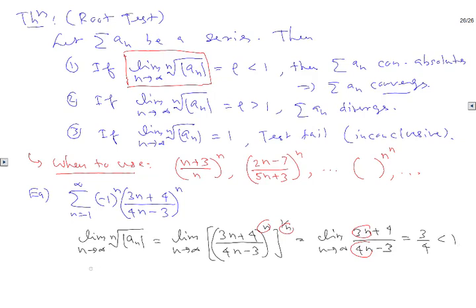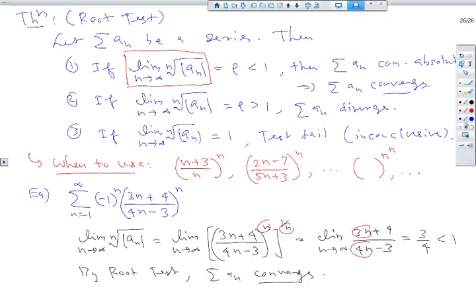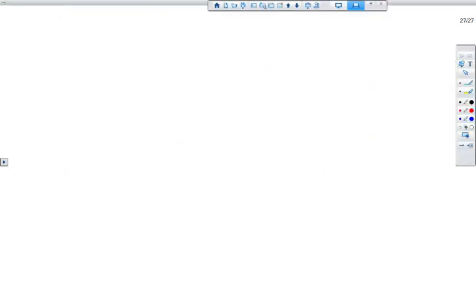So we can say by the root test, the series converges. Okay, series converges. So it's a very powerful test. If you try to use some other test, especially for this problem, it's going to be very difficult. Okay, so let's look at one more.